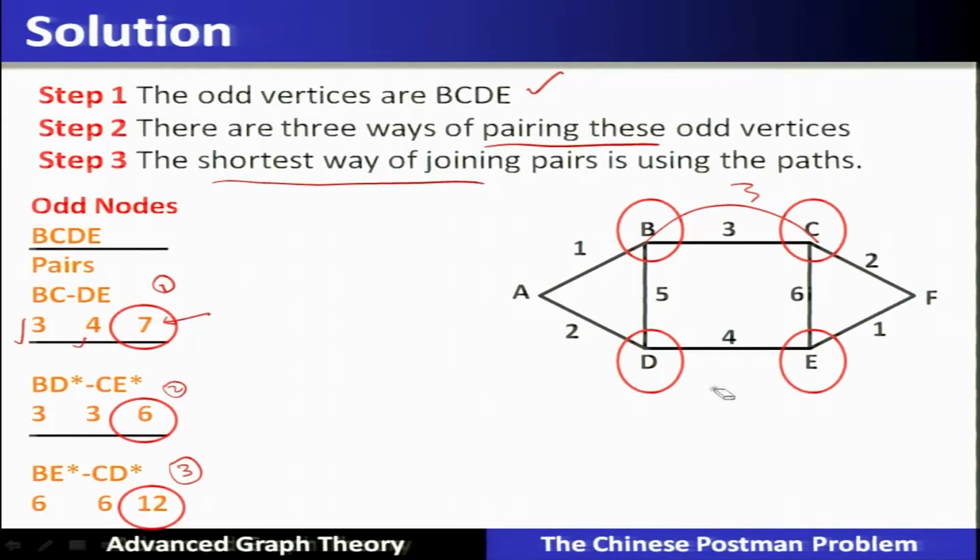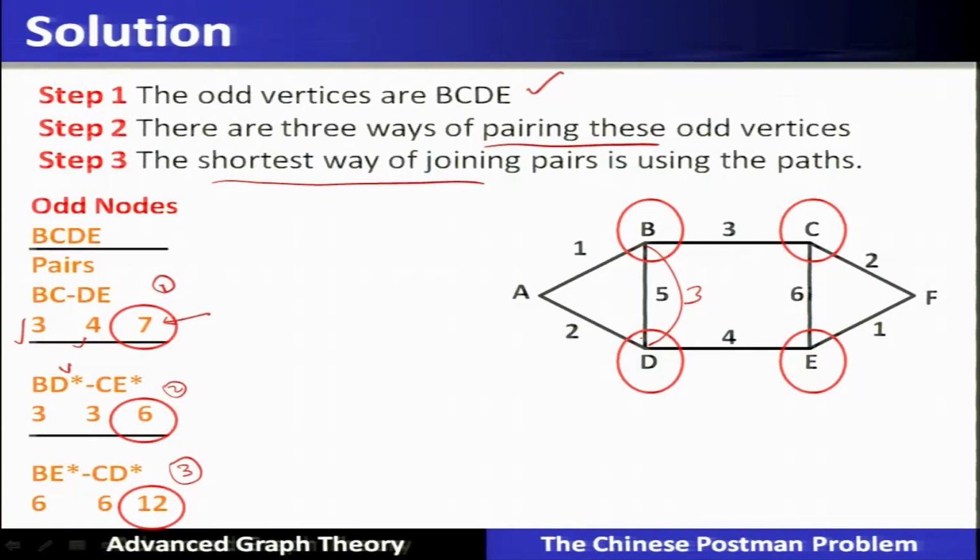Now, another pairing which we have to see is B and D. B and D have a direct edge of cost 5, but if we come along A and then from A to D, then the cost will be 3. So, we add an edge of cost 3, and 3 star means it is not a direct path, but indirectly we have to come in this way.